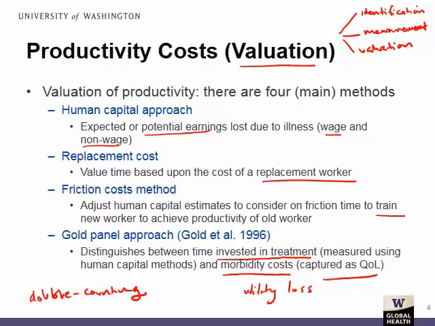So if the quality of life estimate in a cost utility analysis includes the utility loss due to illness, due to lost wages, then you shouldn't count it as a cost essentially. And this approach is recommended in the Gold book, in the Gold panel, which is the panel on cost effectiveness in healthcare in the United States. So these are the 4 methods: the human capital, replacement cost, friction cost method, and what we're calling here the Gold panel approach.